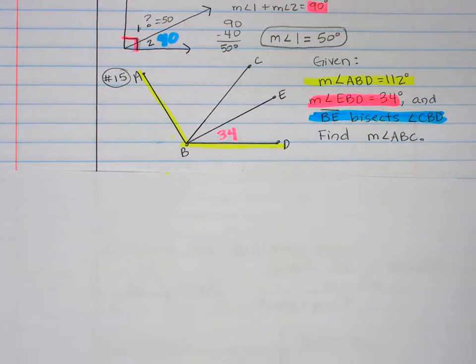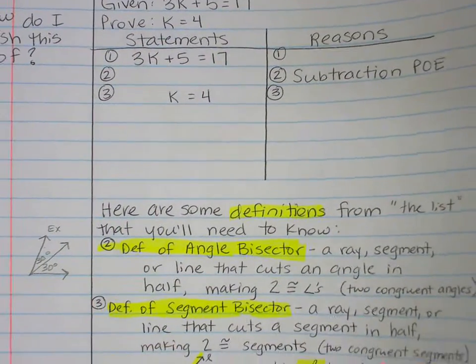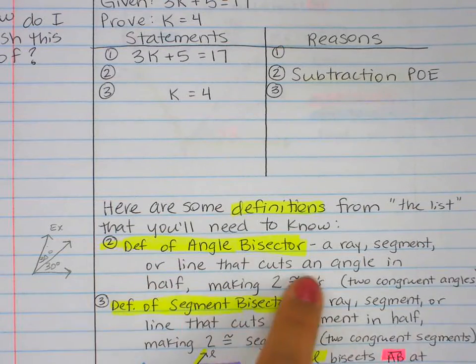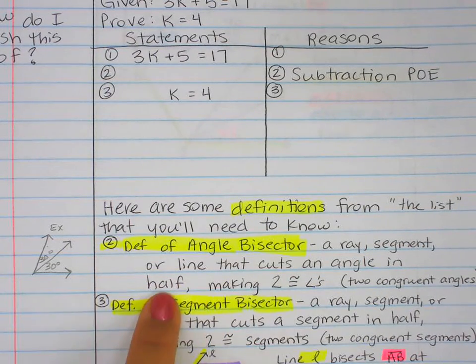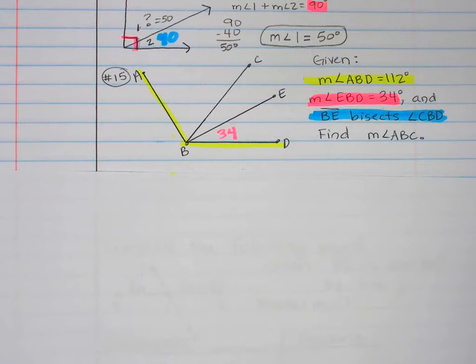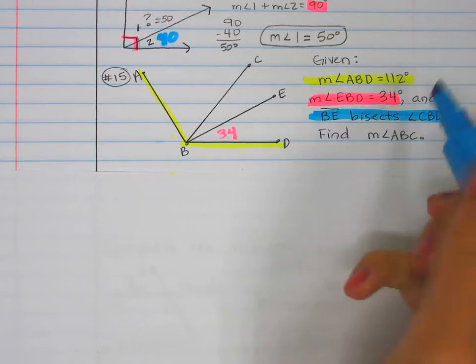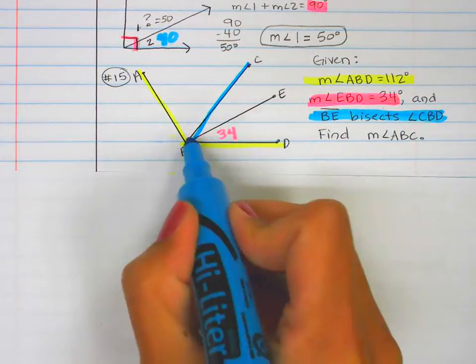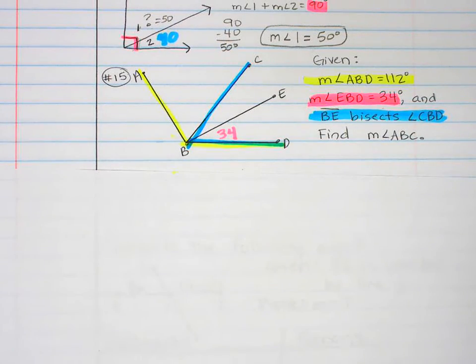Okay, so I'm going to look back real quick at the notes. Angle bisector, it's a segment that cuts an angle in half. So it cuts it in half, making two congruent angles. Those two congruent angles have the same measure. So if BE bisects angle CBD, let me trace that one, CBD. That tells you something.